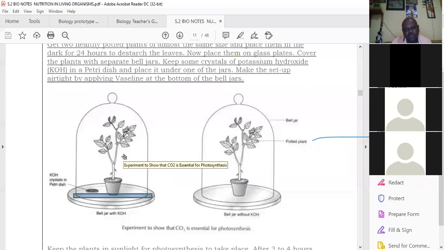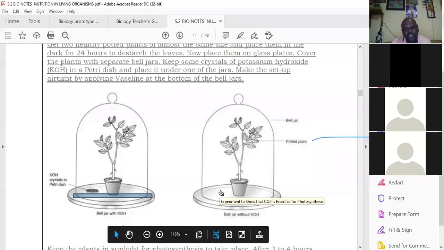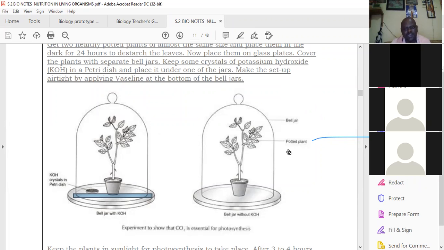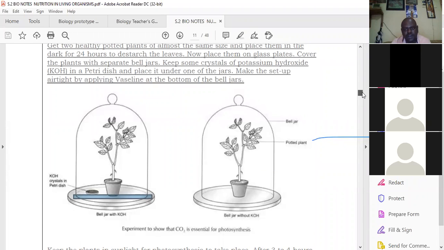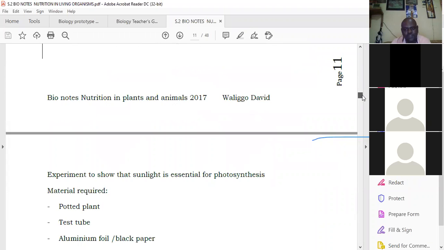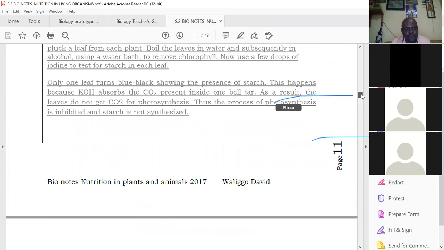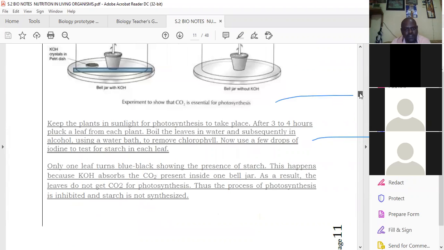But for the second setup, where the carbon dioxide was there, light was there, although in your setup it is not showing it, but light is there. We don't normally draw the sun and arrows to show there's light. There, the leaf from that second setup, we realized it has starch. Tested positive for starch.